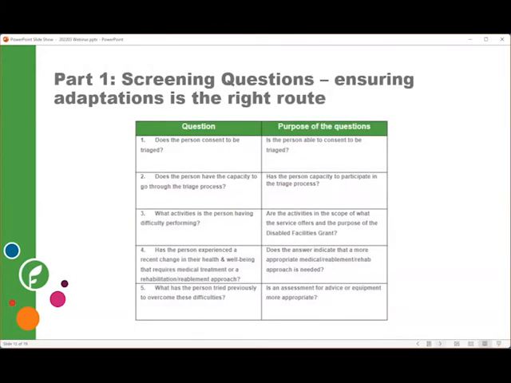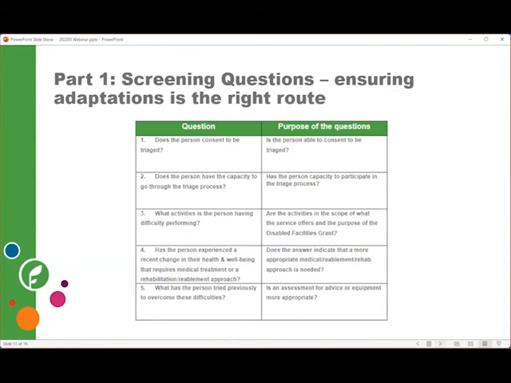So this is the triage tool itself. We do have screening questions, which you may not need depending on whether you have a front door service that does this screening for you to ensure that adaptations is the right route for the individual. This is why we've got screening questions before the main tool, and it's about ensuring that the person gives consent to be triaged and has the capacity to participate in the triage process.